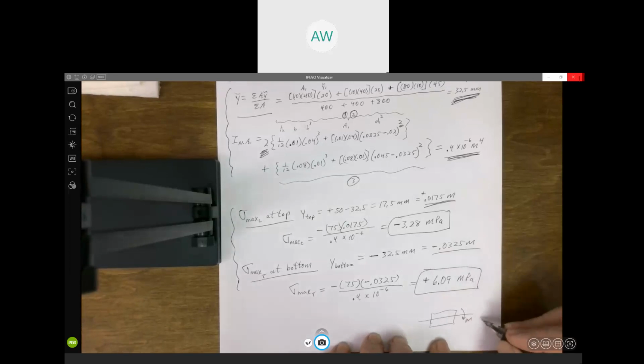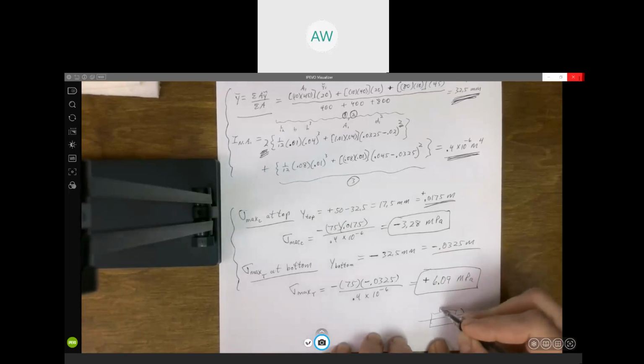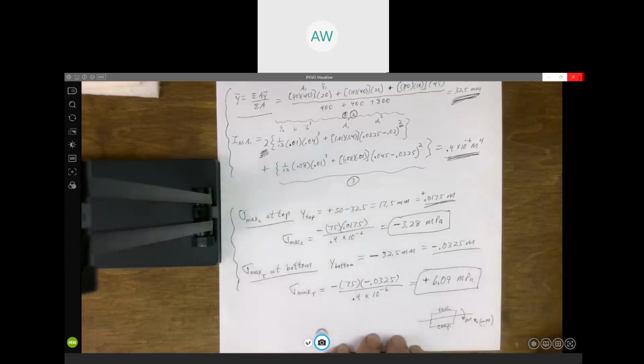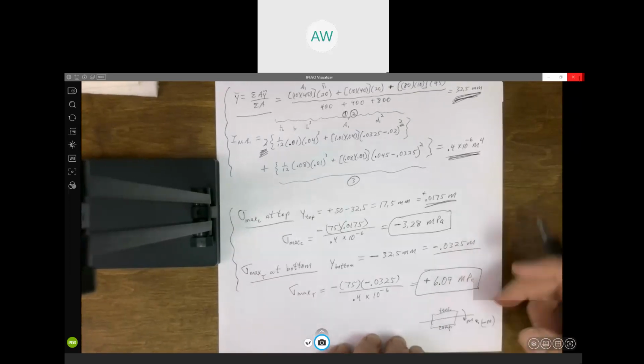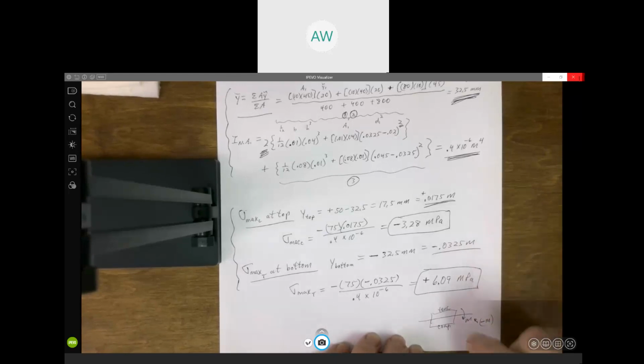It's a negative moment, and it's causing tension at the top and compression at the bottom. Because if you're bending it in this direction, you're pulling on the top and pushing in on the bottom. Make sense? Yes, sir. All right. Any other questions?